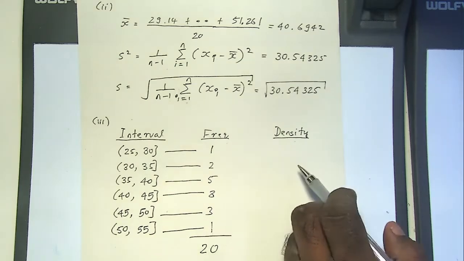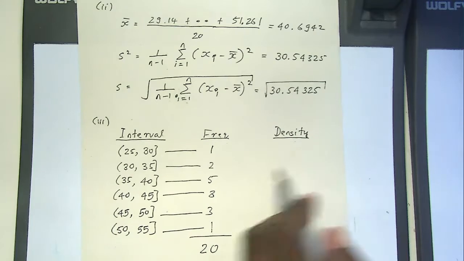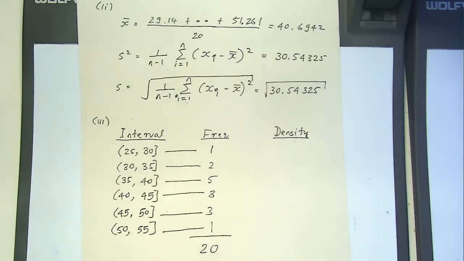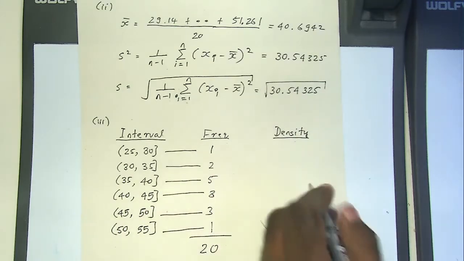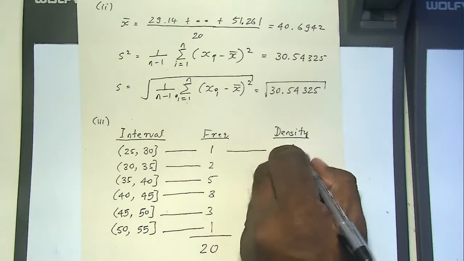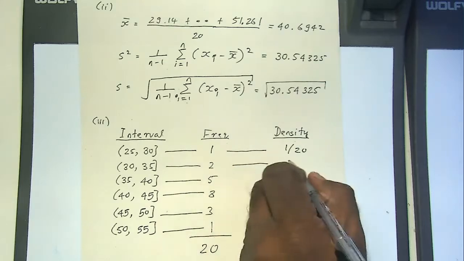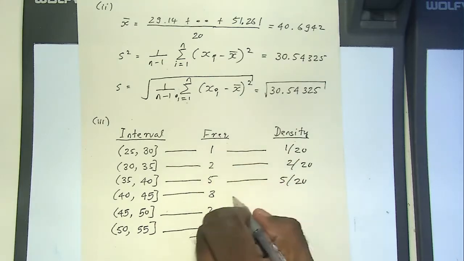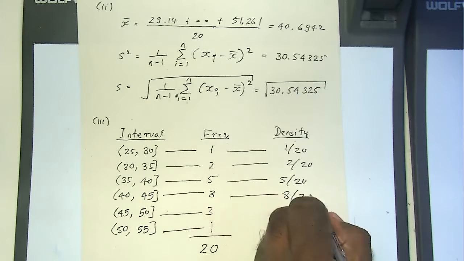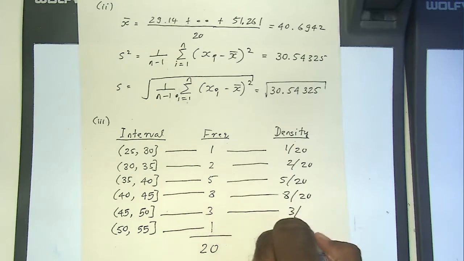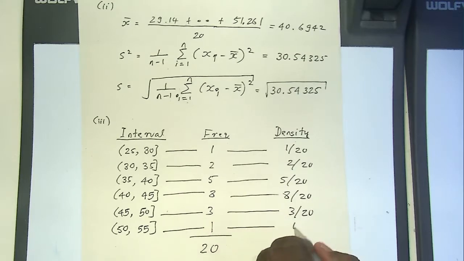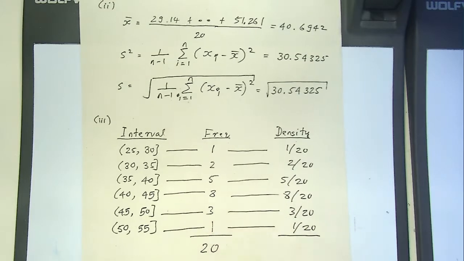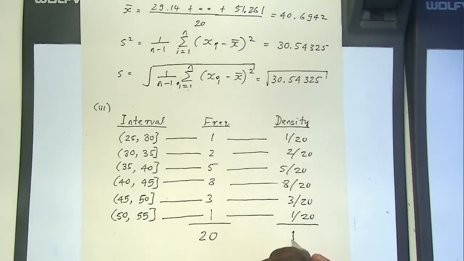Now the density column is simply the frequency column divided by the total number of data points. So this will be 1 divided by 20, 2 divided by 20, 5 divided by 20, 8 divided by 20, 3 divided by 20, and 1 divided by 20. And the density column should add up to 1, right?